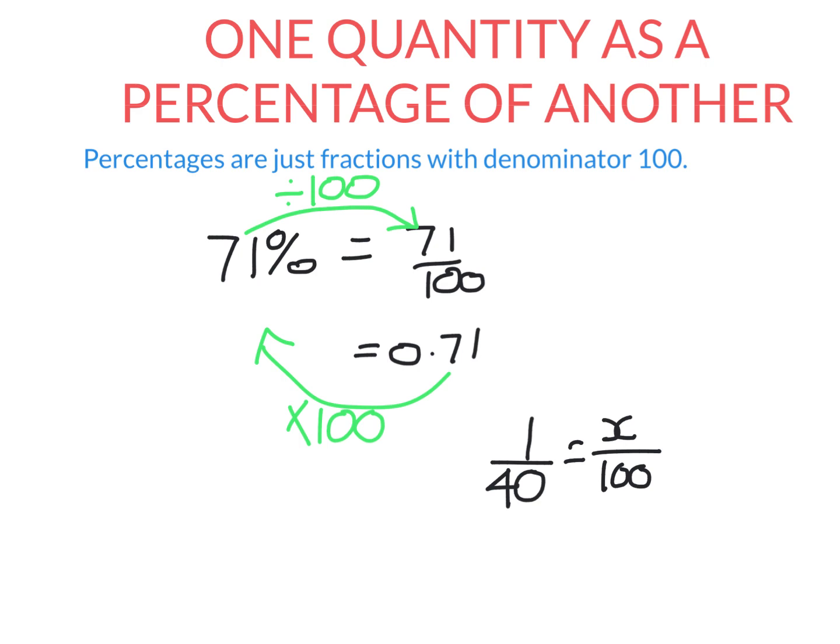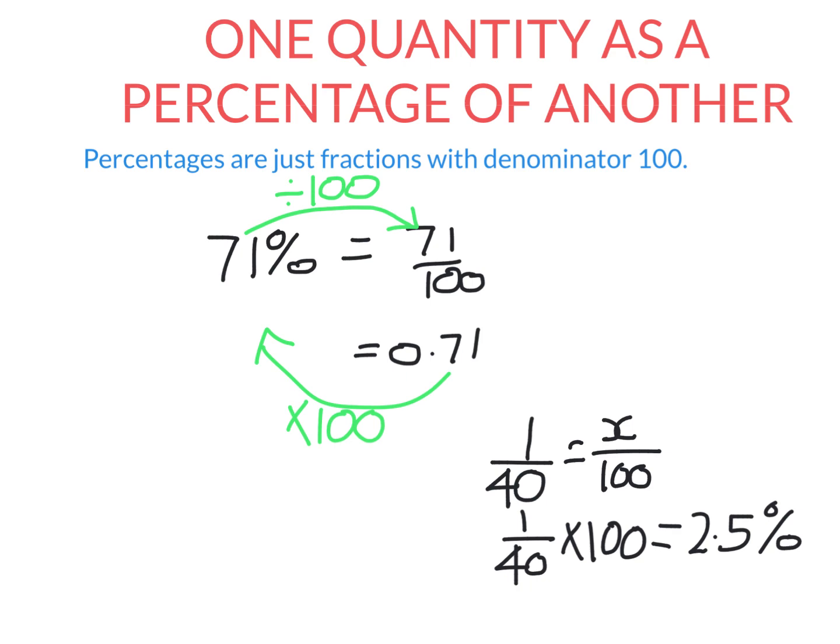Literally all we need to do here is go 1 over 40 times 100. Whether or not you use your calculator, you get 2.5, and then we just stick a percent sign. So 1 is 2.5% of 40. If you got 1 out of 40 in a test, you would score 2.5%.